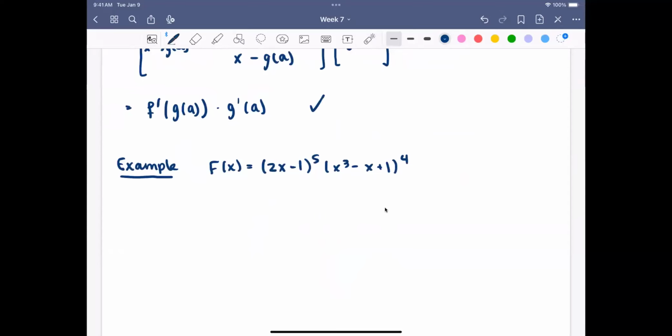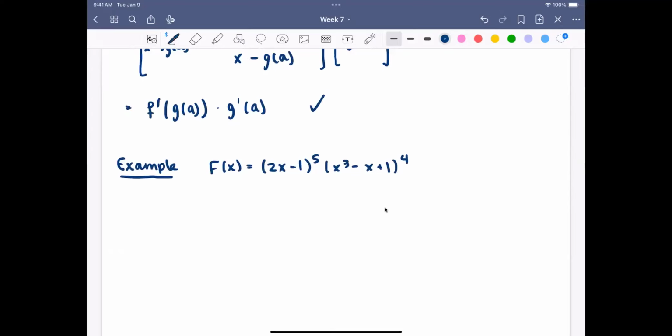How can we start to break up this function into things we know how to do? Yeah, so there's definitely composition happening, right? Because you have this inside of a power, and same thing here, this inside of a power. So we will have to use chain rule and power rule. What other rule will be helpful? Yeah, we're gonna need the product rule because we have a product of two of these things, right?